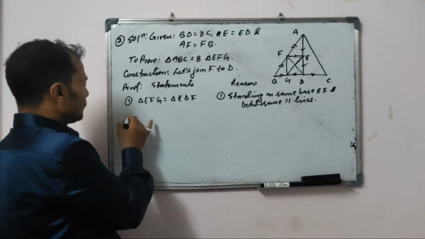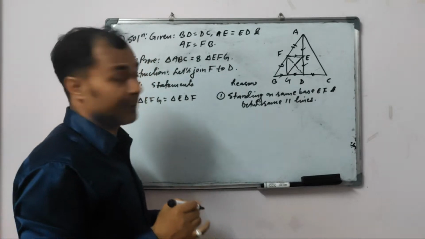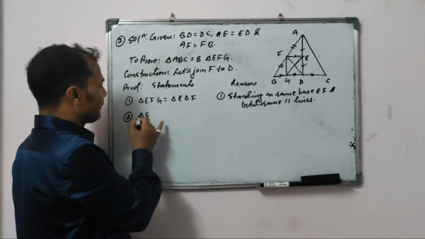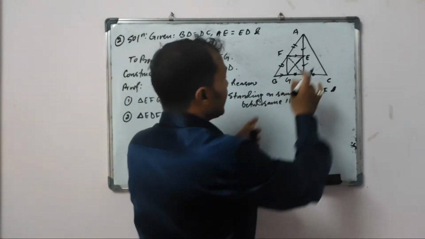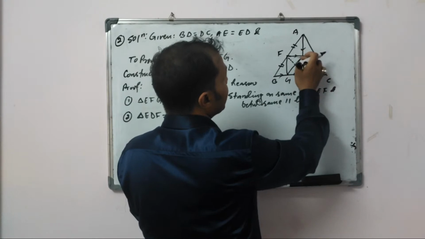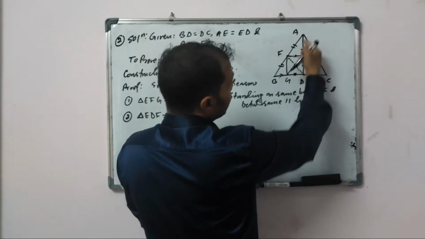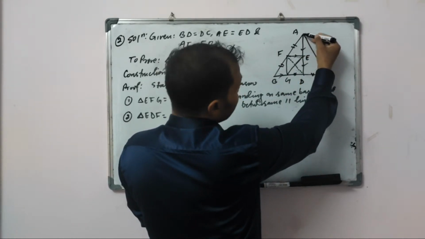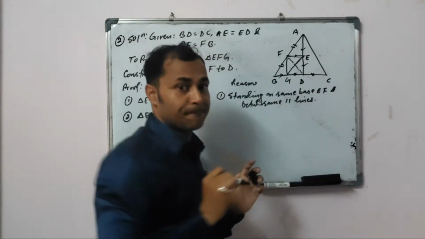Now number 2. Now see carefully. This is one of the very important questions that you see in exam papers. Now in the second case, see triangle EFD or EDF. Now just pay attention please. In this triangle, this is the vertex and this is the midpoint. So do you think triangle AFE will be equal to triangle EFD?